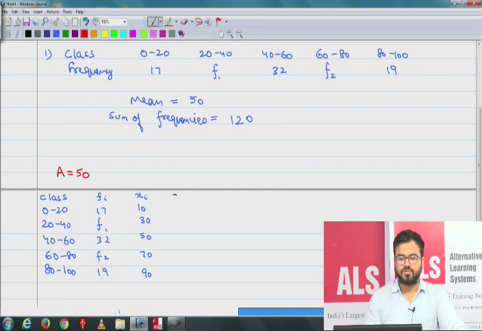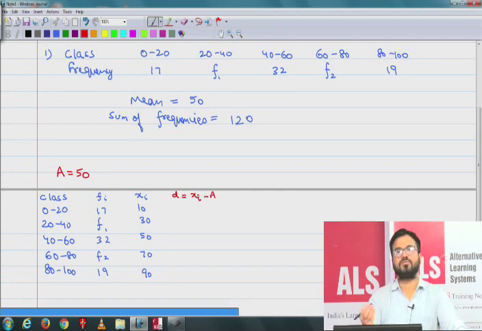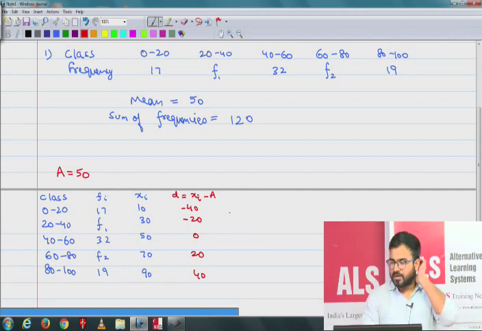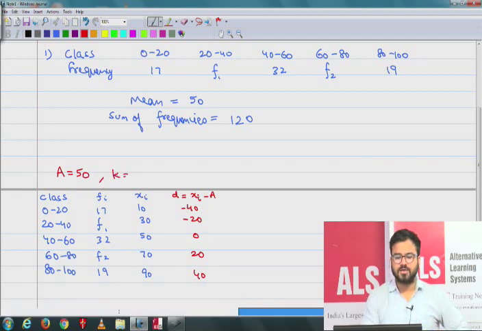So d is equal to xi minus a, where I have assumed a as 50. So 10 minus 50 is minus 40, then minus 30, minus 20, 0, 20, and 40. Now again we can divide these values by some number k. Let's say I am dividing all these values by 20.